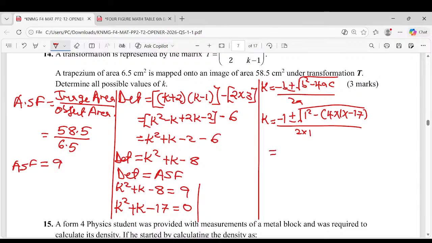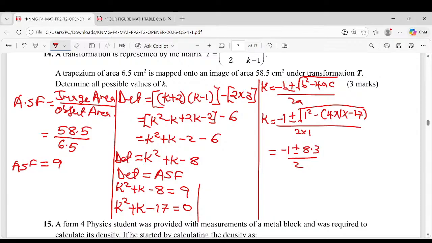So this will now become negative 1 plus or minus, let me see, when I take 4 times 1 times negative 17, then 1 squared minus that is 69. The root of 69 you get 8.3, over 2.